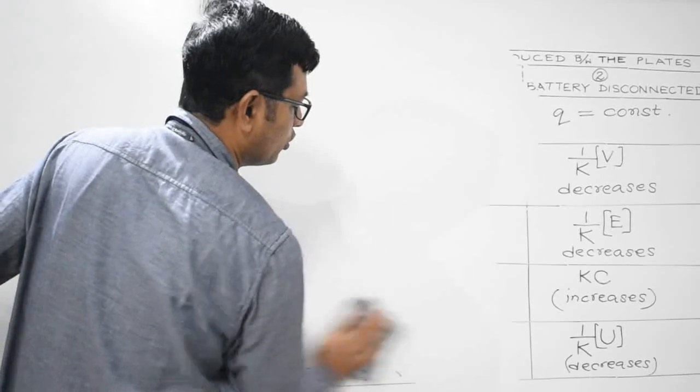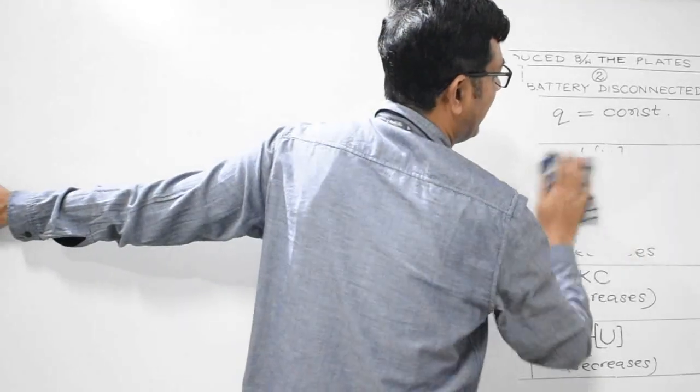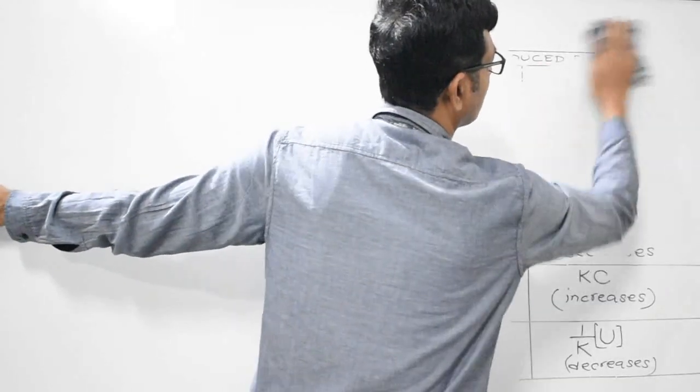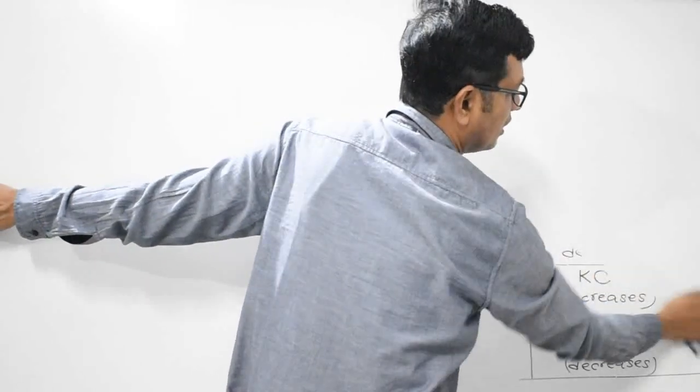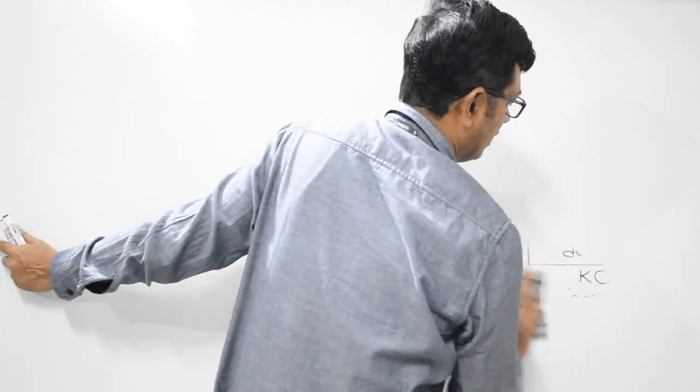If these n spherical drops combine together to form a large spherical drop, then you are supposed to find out the ratio of the charge, the electric potential, the capacitance and the energy of the big drop to the small drop.